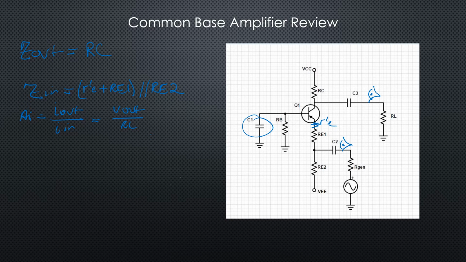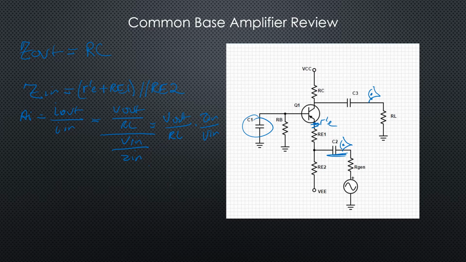And our Iin is the current right here at the generator, right where our eyeball is. So there's our Iin. So our Iin would be found by calculating Vin divided by Zin. If we manipulate this formula, we get V out over RL times Zin over Vin.